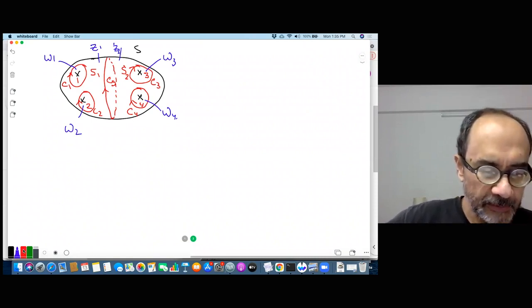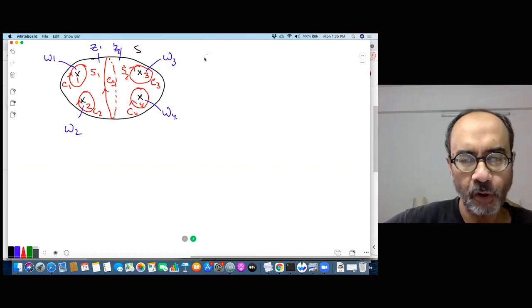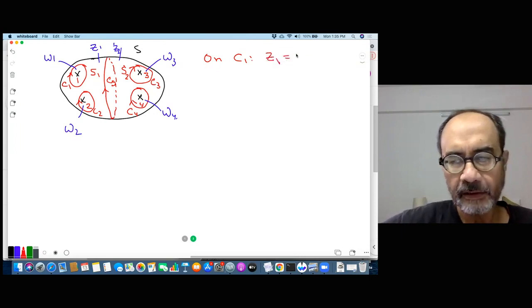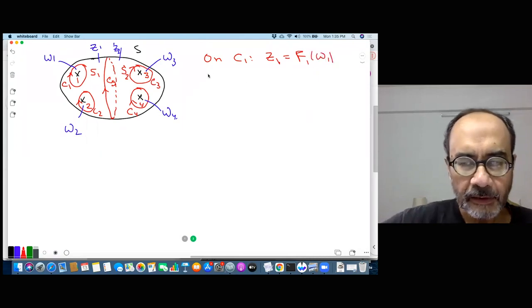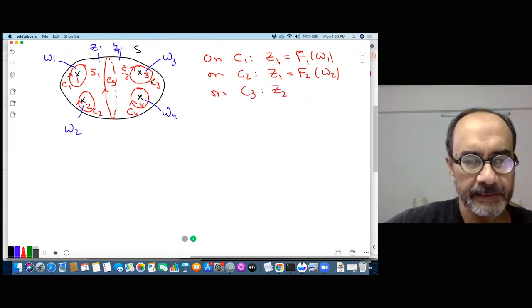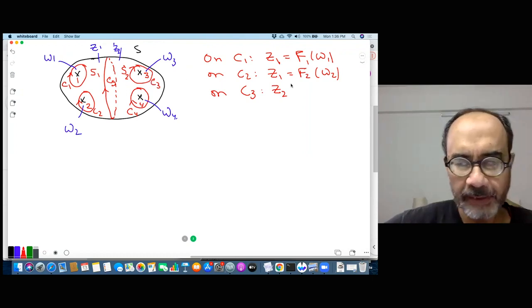Now we have to introduce a transition function. So on C1, we have Z1 equal to F1 of W1. On C2, we have Z1 equal to F2 of W2. On C3, we take Z2, because C3 divides, this is Z2 and W3. So this is F3 of W3.